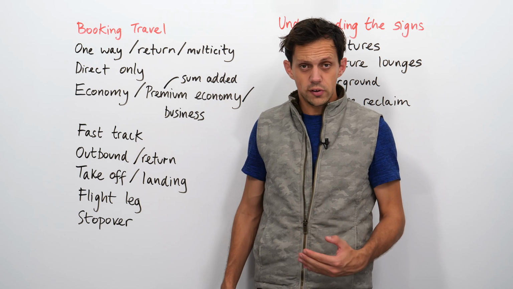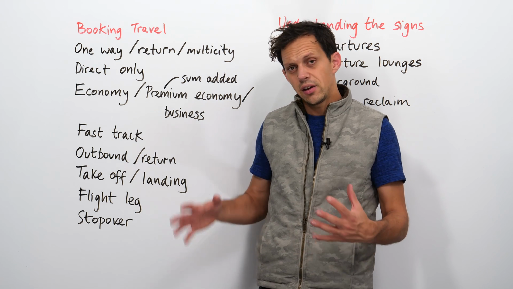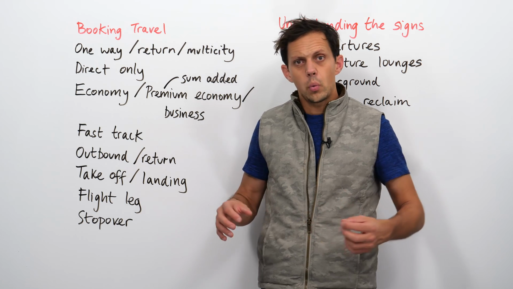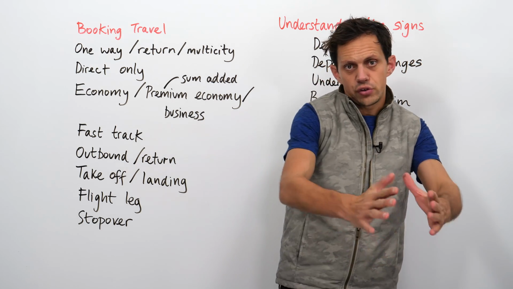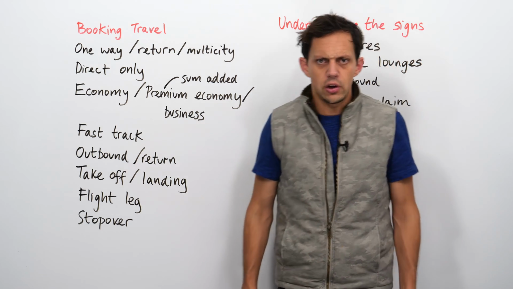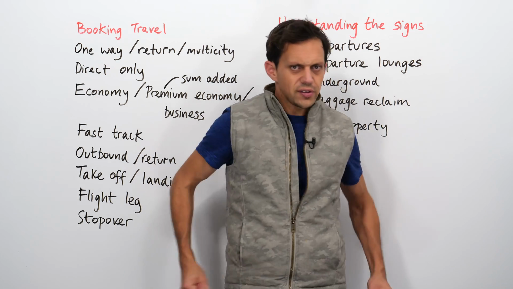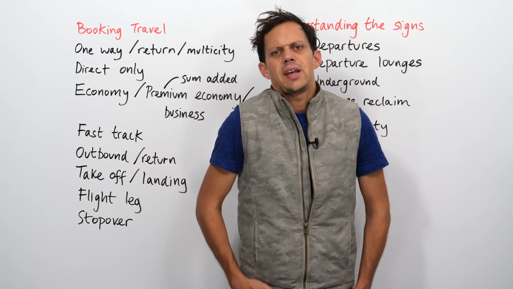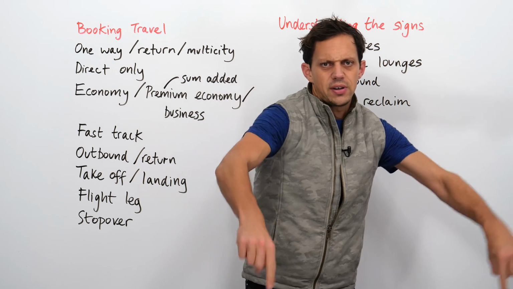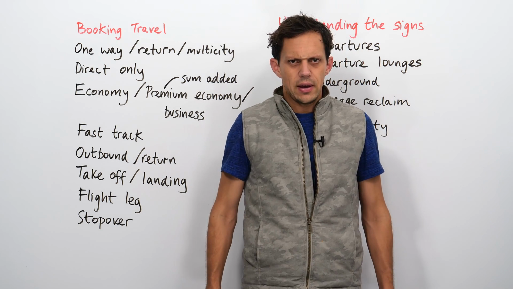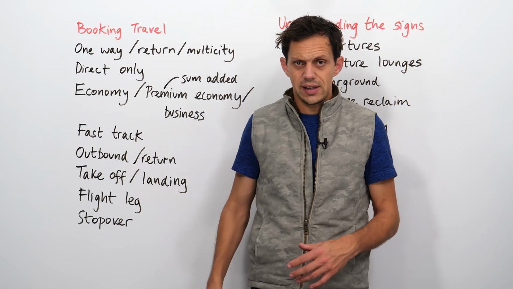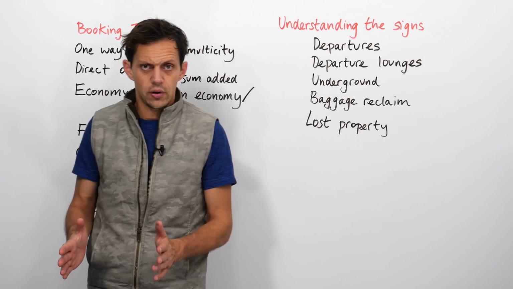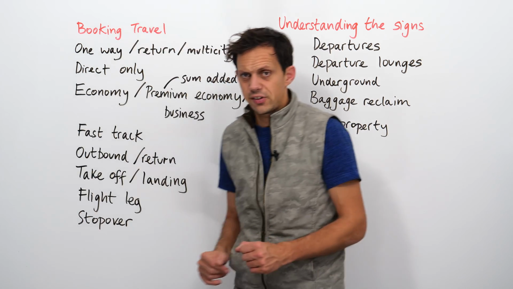Now, the queues are generally in the security section where you're putting your hand luggage through the X-ray machines. You know the drill. You have to sort of take your shoes off and take your belt off and take anything in your pockets and put it into the tray. So that's the slow bit. So if you have a fast track ticket, then you get to go down a queue that has less people.